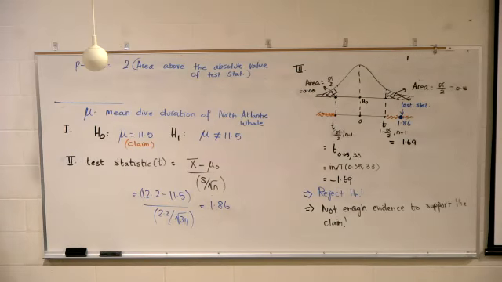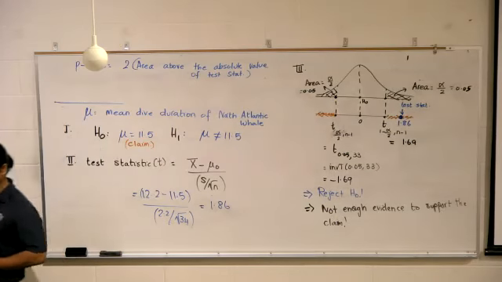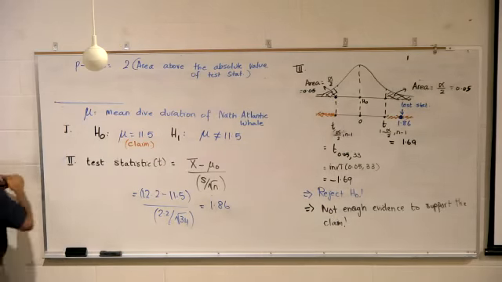Can't you just find the area on one side and compare it to alpha over 2? You can.